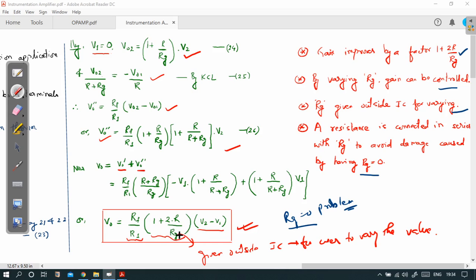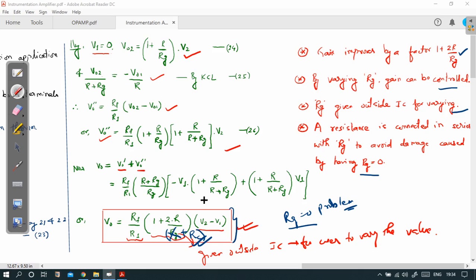Because RG plus some constant resistance RC is in the denominator, when RG becomes 0 you still have RC in the denominator, and it will function properly.